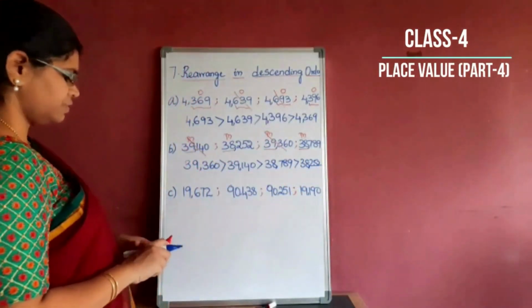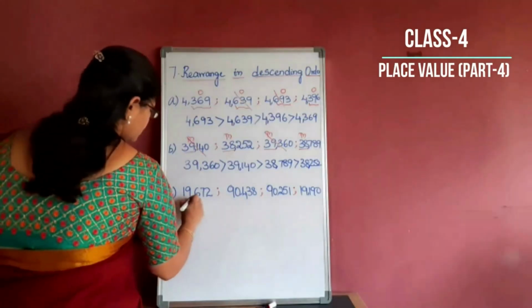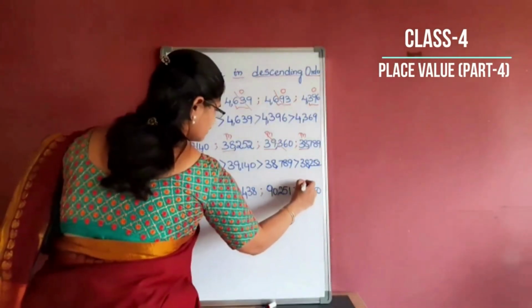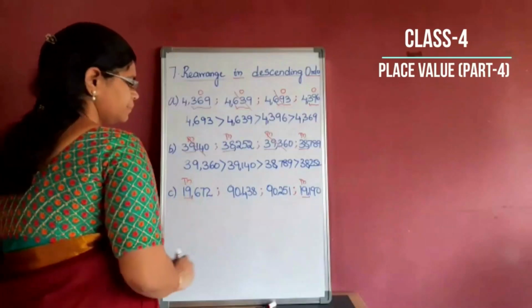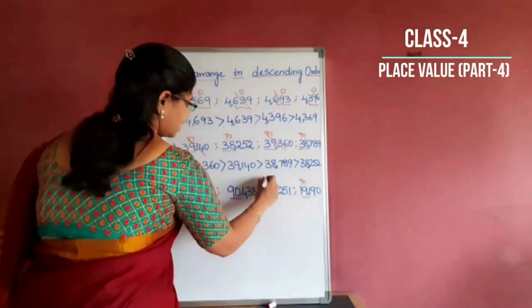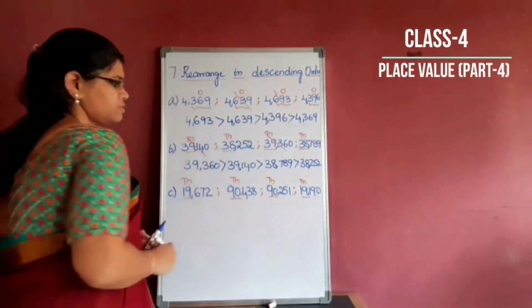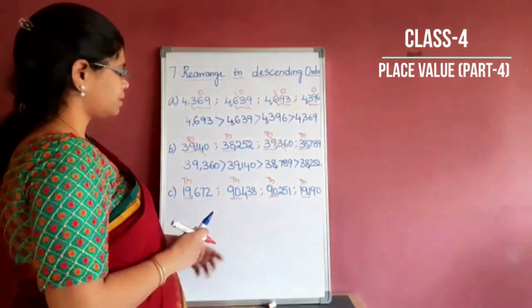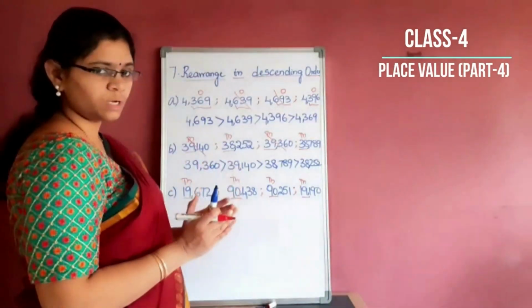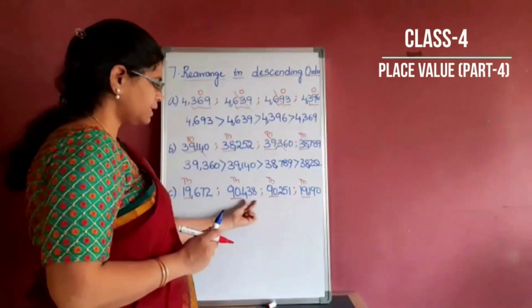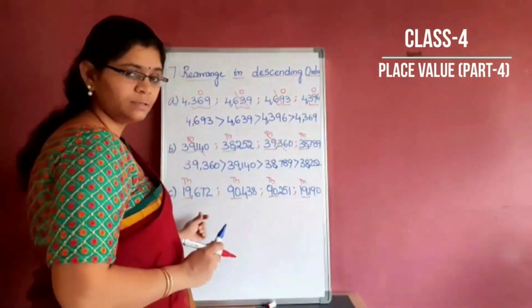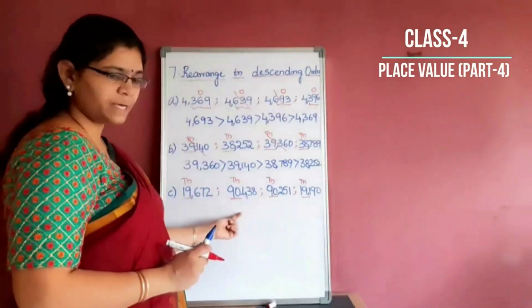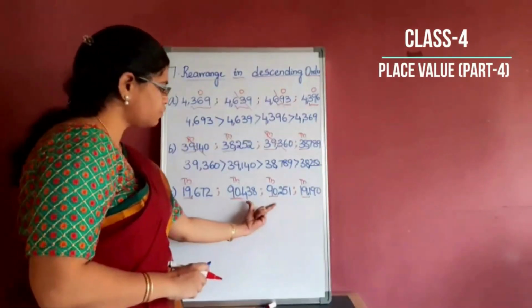See here, children. Here we have two numbers which have 19 in the thousands period and two numbers which have 90 in the thousands period. Now let us compare. We need from bigger to smaller. So which is bigger, 90 or 19? 90 is bigger. So among these two, first let us compare, children.